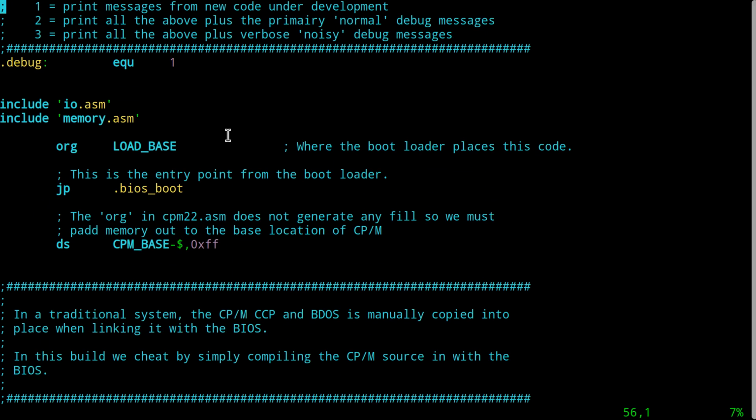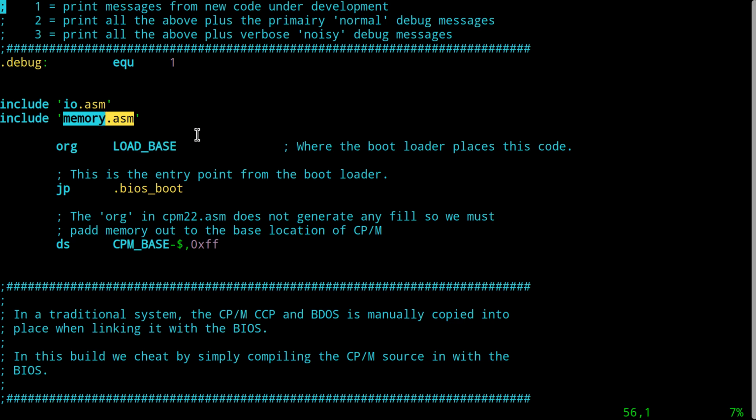Quick recap. Remember, the flash loads 16K from the beginning of the partition, what looks like a floppy disk, into memory starting at load base, a constant defined in memory ASM as C000, which is the last 16K of RAM.